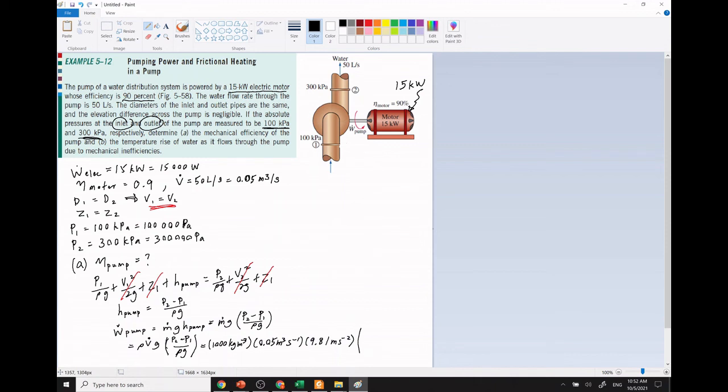P2 is 300,000 Pascal minus P1, 100,000 Pascal, over rho 1000 and gravity 9.81.